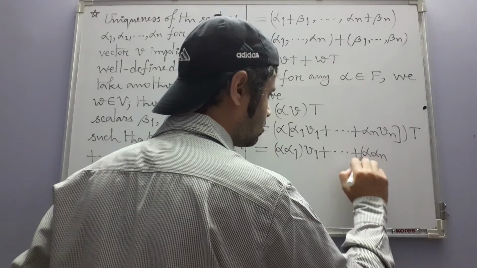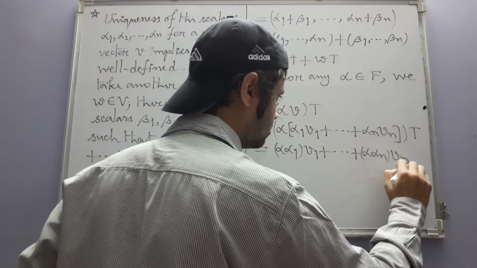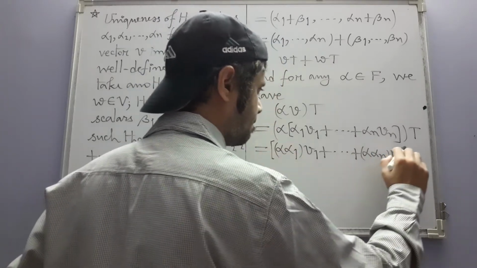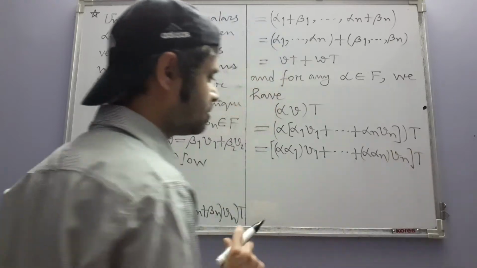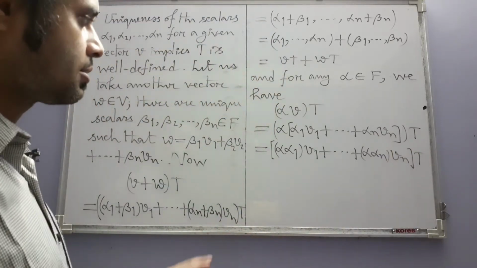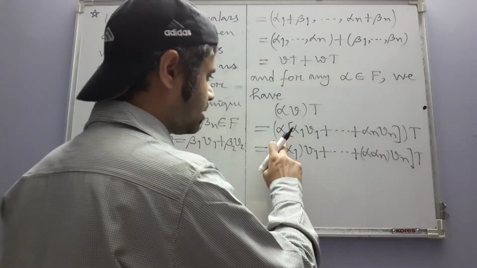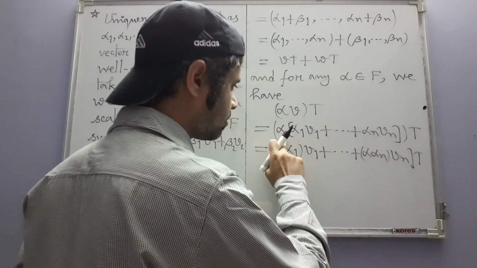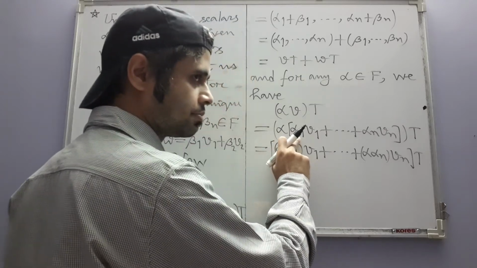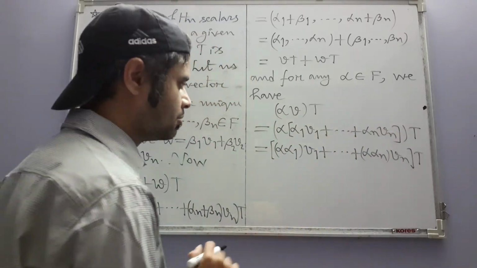If you are not really comfortable with applying these vector space axioms, then I suggest you go step by step. For example, what we will have to do in order to get this from this. Okay, forget about T for a moment.